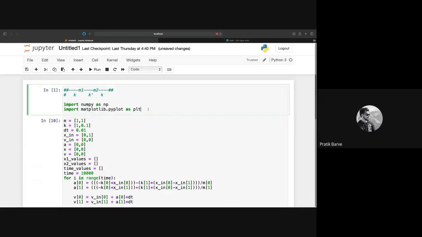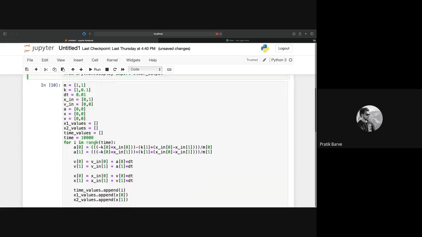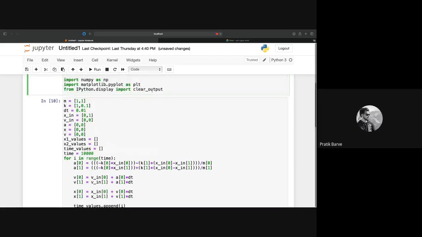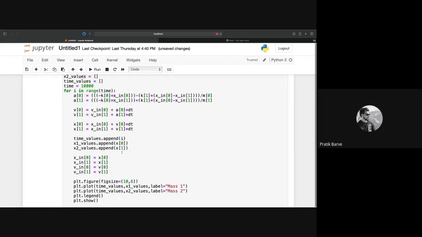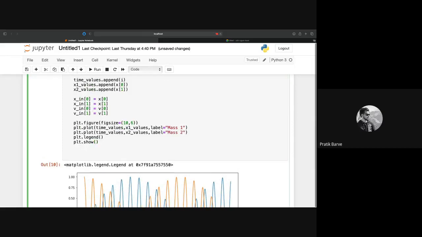No. Okay, so there is this from IPython.display, we have to import one function named clear_output. What this does is every time this loop is running, it will plot the point, but it will clear it for the next one. So you will see how it looks when I do it.